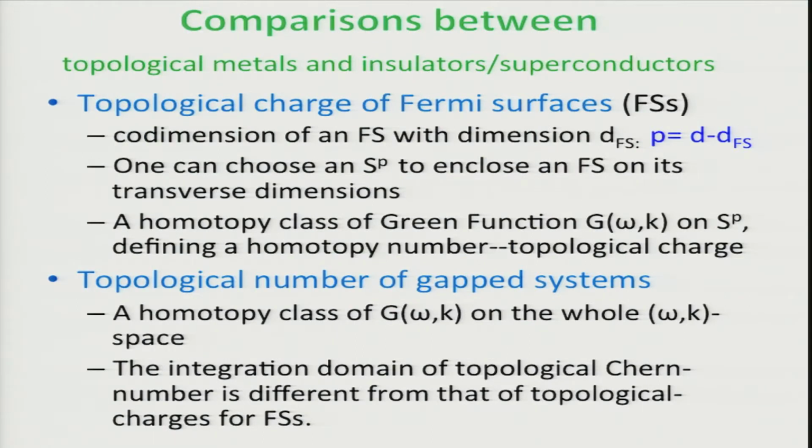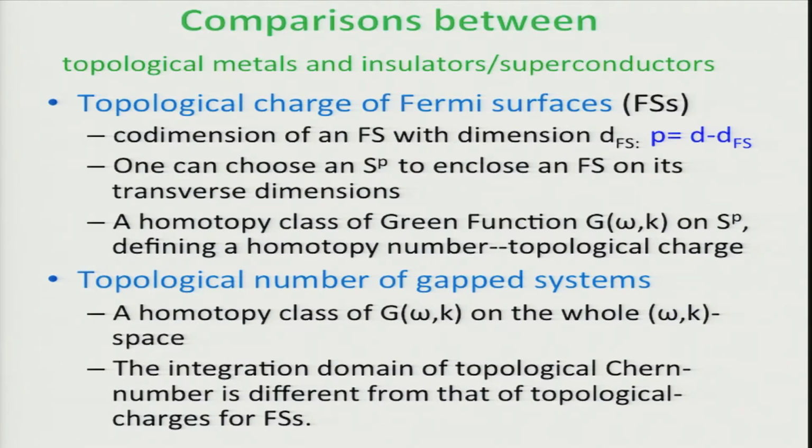Let me make some comparisons between these two systems, because most of us are familiar with the gapped system. For the topological gapped system, we also use homotopy language, or homotopy class, for the Green's functions. That means this is for the whole omega, indicating the whole space. Then once you calculate the Chern number or topological number, you need to take the integration over all the filled bands. On the other hand, for the gapless system, the key quantity is p, which is d minus d_FS.